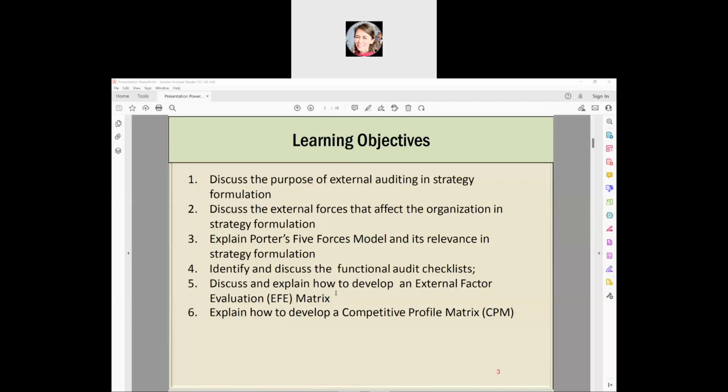The fourth one is to discuss the functional audit checklist. Fifth one, to discuss and explain how to develop the EFE or external evaluation matrix. And the last discussion is on developing a comparative profile matrix or a CPM. So these are the learning objectives of this chapter.